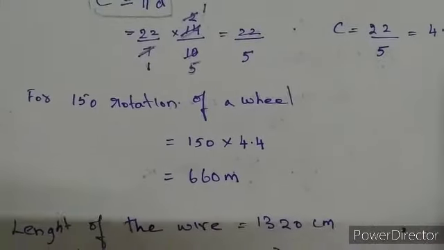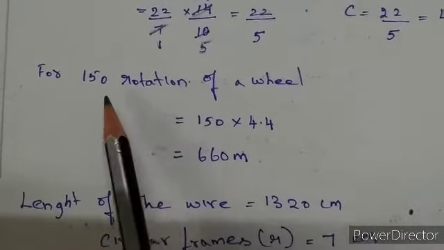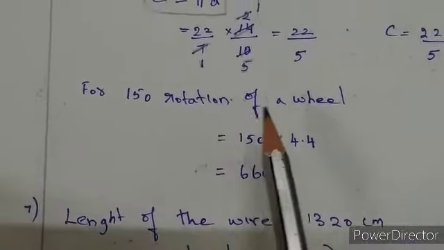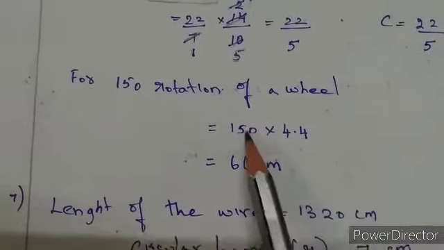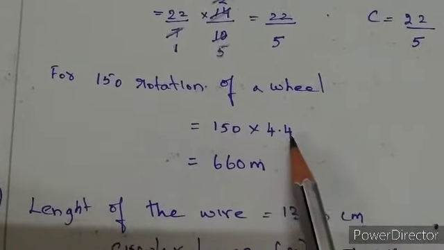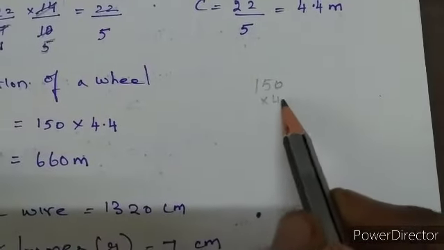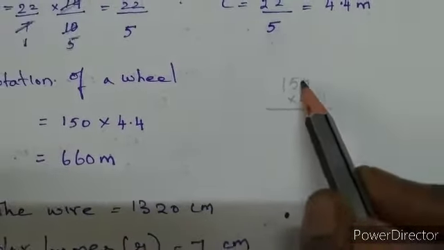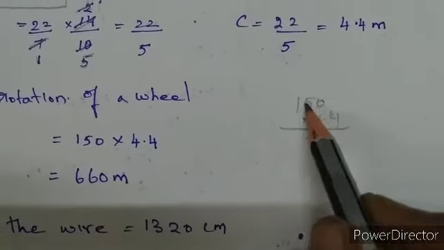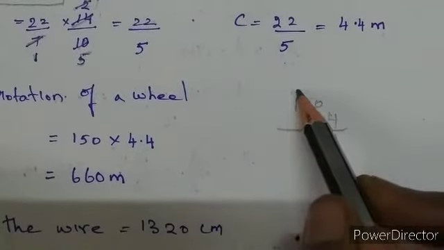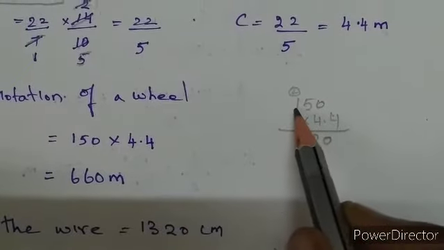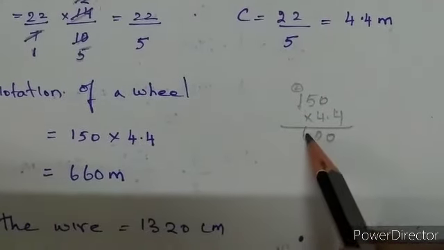Now we want to find the total distance covered in 150 rotations of the wheel. So 150 into 4.4. Let's try this here. 4 zeros are 0. 4 5s are 20, carry over 2. 4 1s are 4, 5, 6.